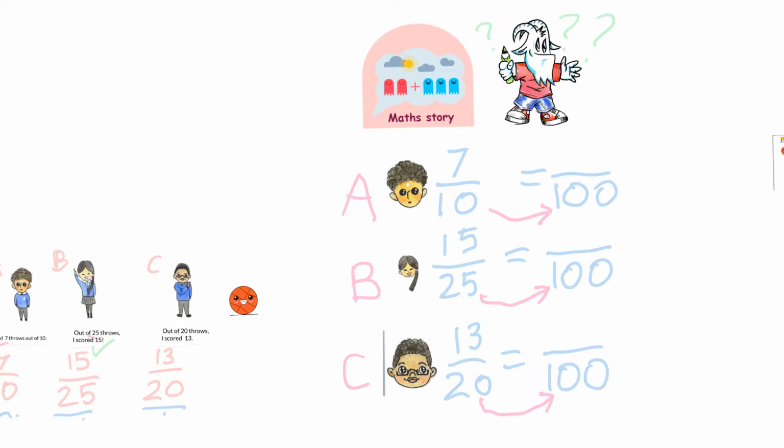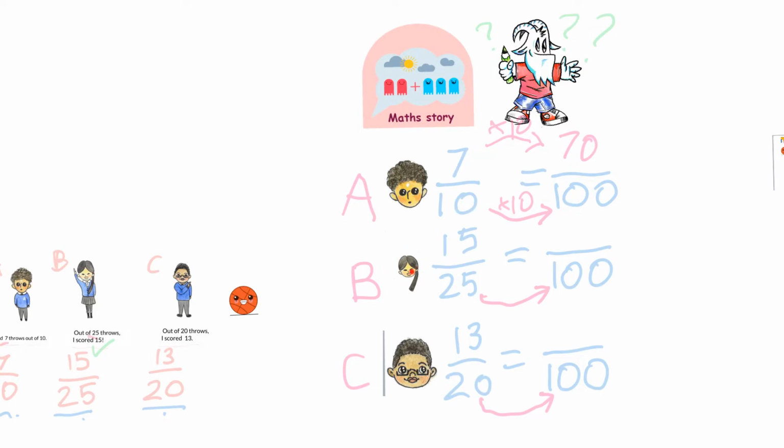I would have to multiply 10 by 10 because 10 times 10 gives me 100. So whatever I do to the denominator, I do to the numerator, and I will also have to multiply it by 10. 7 times 10 gives me 70. So that's 70 hundredths for Adam.